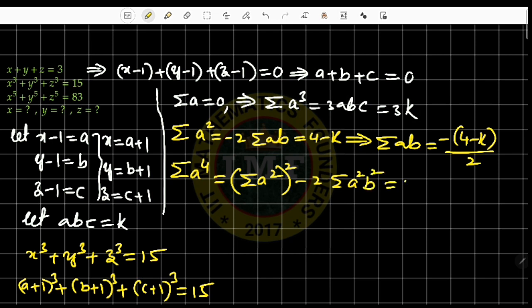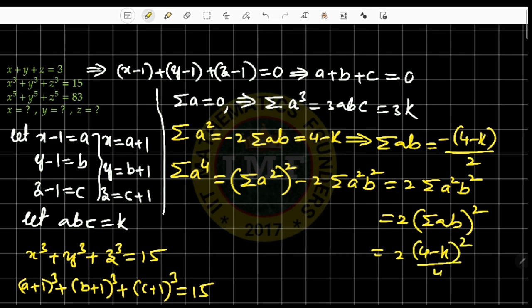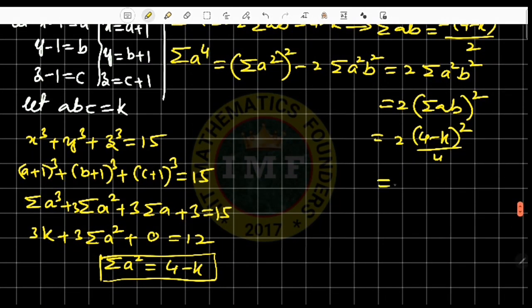That is nothing but 2 times sigma ab whole square, that is 2 into (4 minus k) whole square by 4. From this you will get the value of sigma a power 4 as (4 minus k) whole square by 2. This is sigma a power 4.